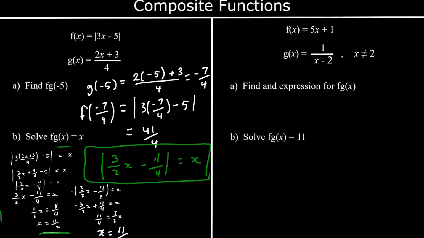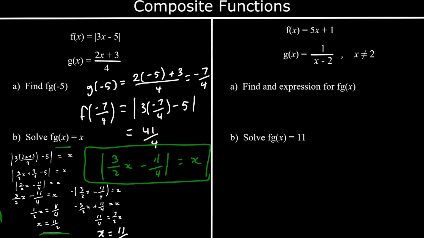One for you to try. Give it a go. So f of x is 5x plus 1. g of x is 1 over x minus 2. x cannot equal 2. Find an expression for fg of x.